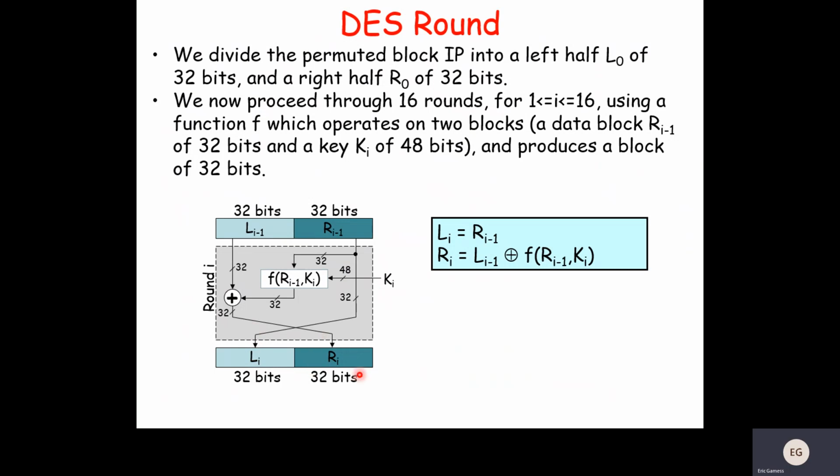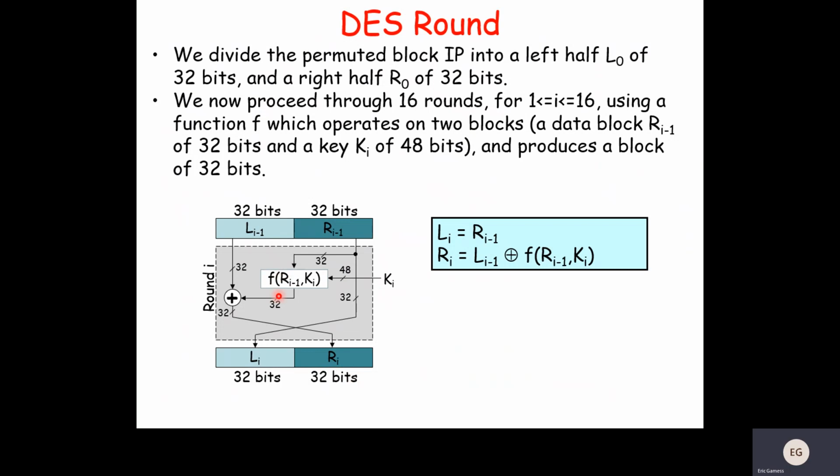Now, to compute the least significant 32 bits, it's a little more complex. We take the least significant 32 bits, and we are going to XOR them with another 32 bits. And this result will be the right part of the output, the 32 bits of the right part.